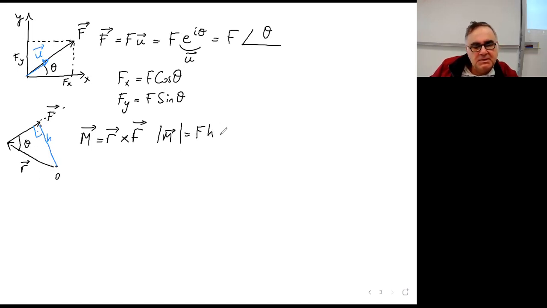Okay, that is the rotation effect, and that can also be written as F times R times sine theta. Okay, R sine theta being equal to h anyway. Okay, so this is the moment of a force about a point. Actually, you can also say that this is MO if you like.